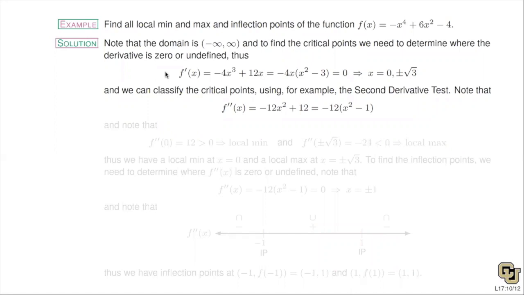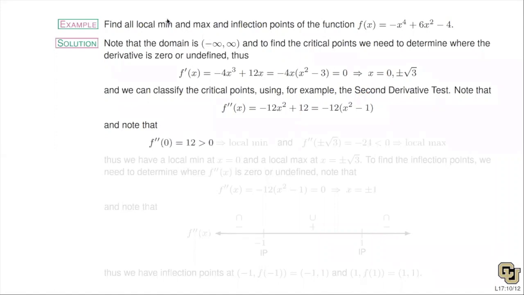So here we're doing the second derivative test to classify the critical points. Now let me plug in these critical points, 0 and plus or minus root 3, into the second derivative. If the second derivative is positive, then it's concave up, and if it's concave up, we have a local min. And if the second derivative is negative, then it's concave down and we have a local max.